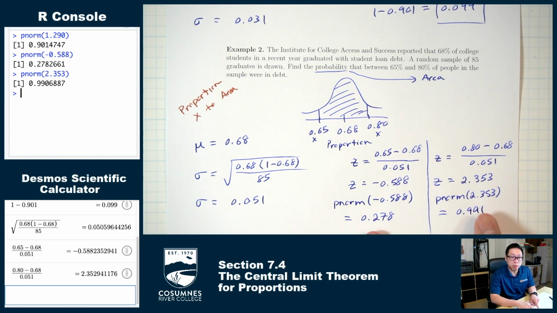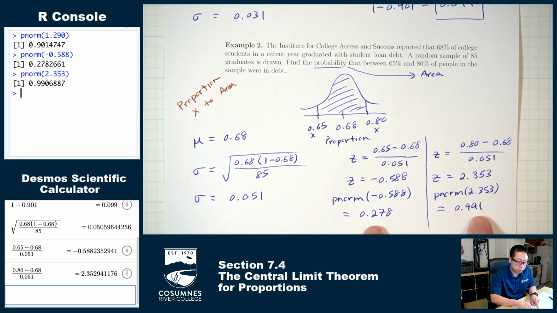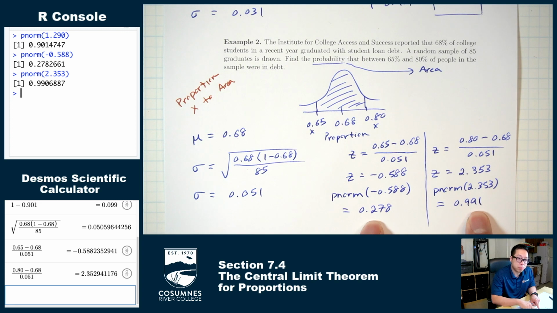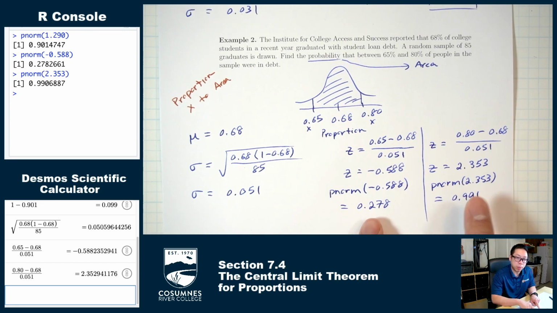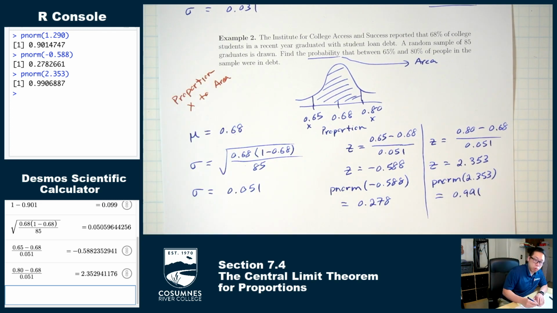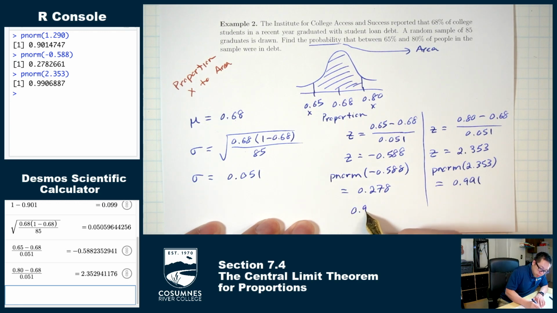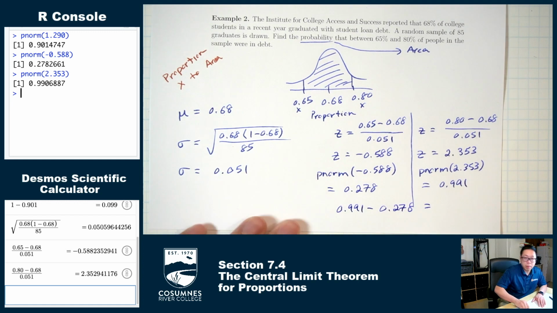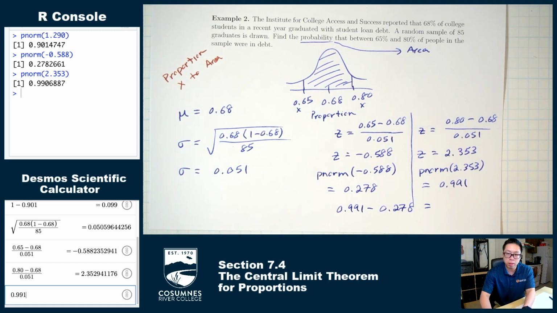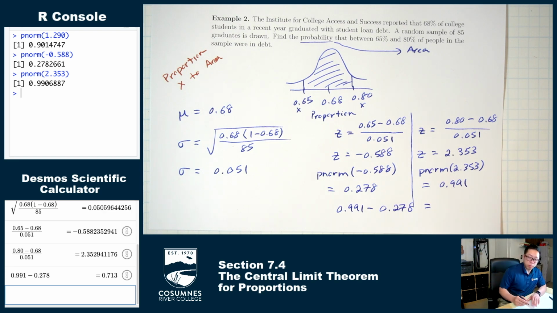These are both left areas that are spit out by pnorm. To get the area in the middle, you subtract: bigger one minus the smaller one. So 0.991 minus 0.278. And then the final answer is going to be 0.713.